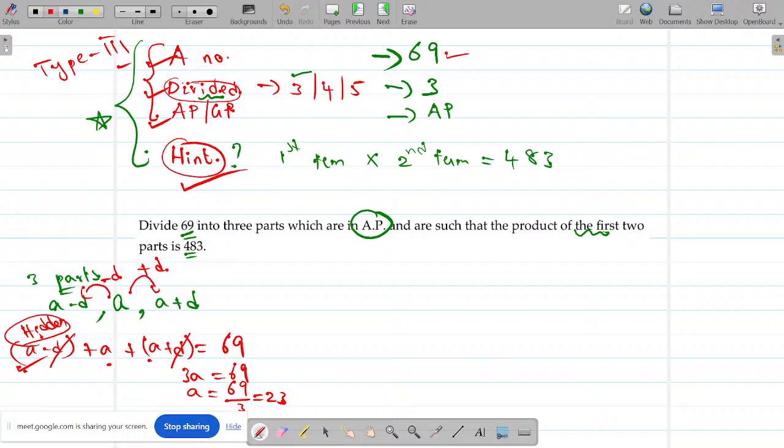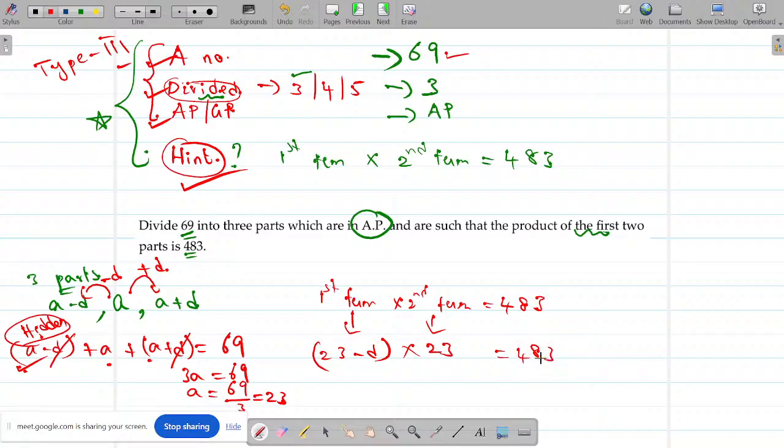Now I take the help of this hint. What's the hint here? First term into second term is equal to 483. It's given in the question. What's the second term? The second term is actually a, which is 23. The first term is 23 minus d. I don't know the d value. This is given to be 483. So what's the d value? You can guess.